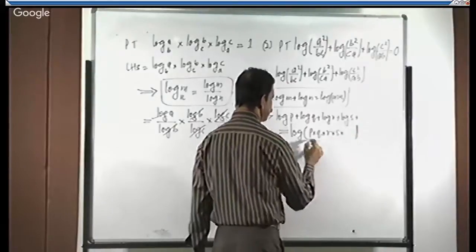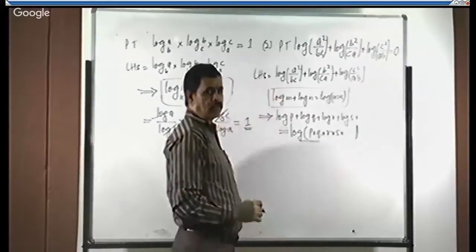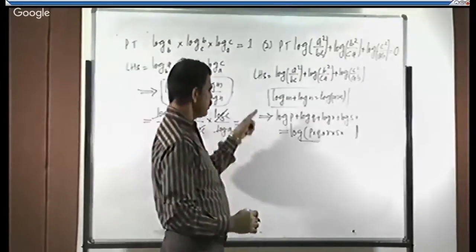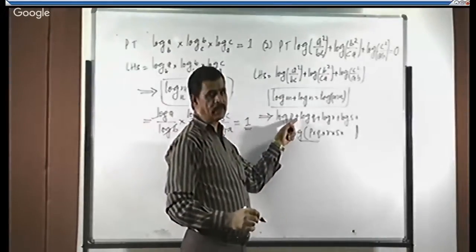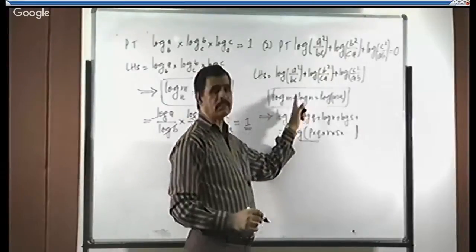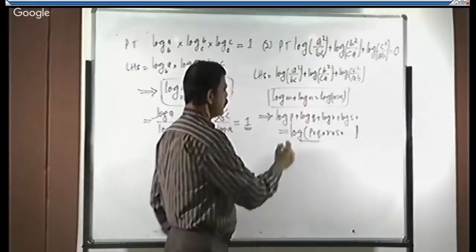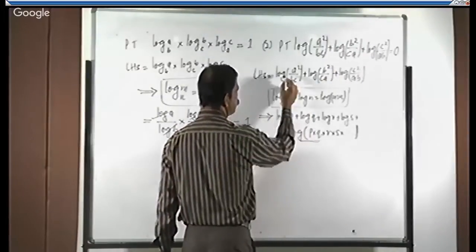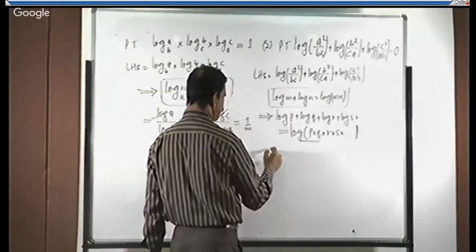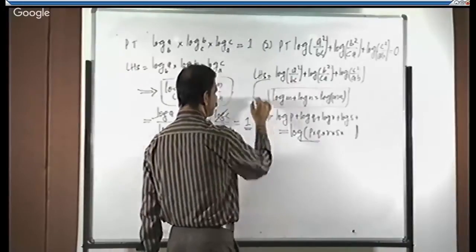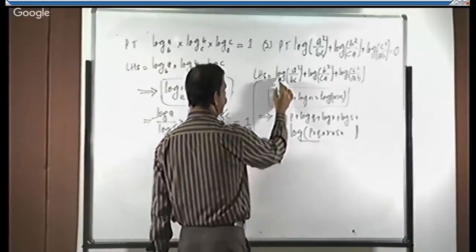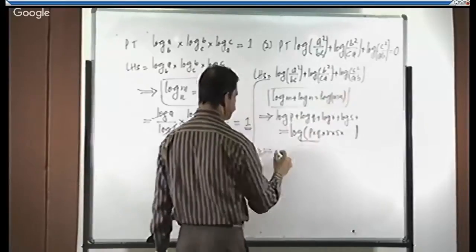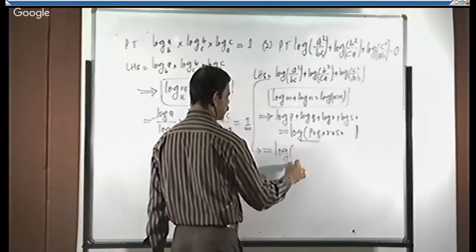This is an extension of the first law. Of the 5 laws, we can extend only this one, right? Because of having the positive sign. This extended law is used for the given problem. Therefore, the left hand side becomes log p plus log q plus log r is equal to log pqr.